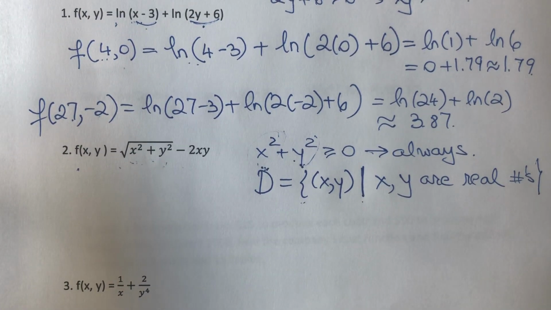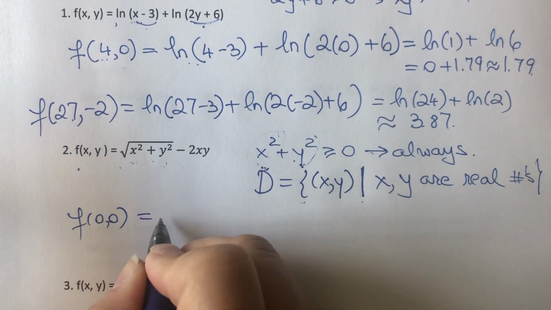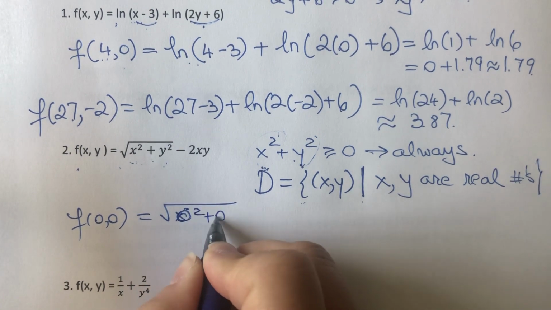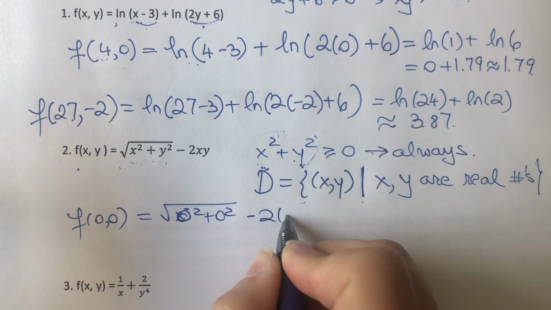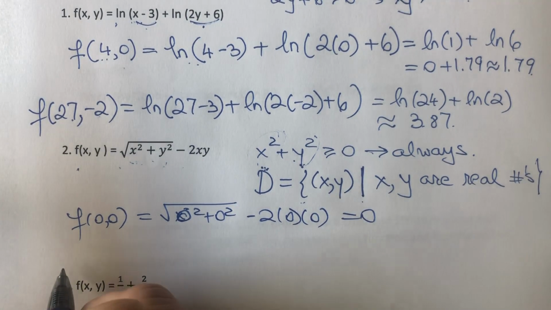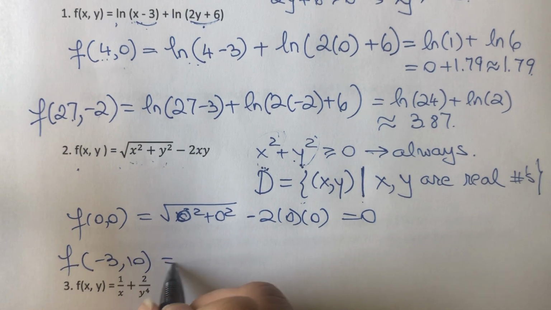Okay. All right. So let's plug in whatever we want. What about 0, 0? Well, that's the square root of 0 squared plus 0 squared minus 2 times 0 times 0, and of course that's nothing but a 0. Let's plug in -3 and positive 10.